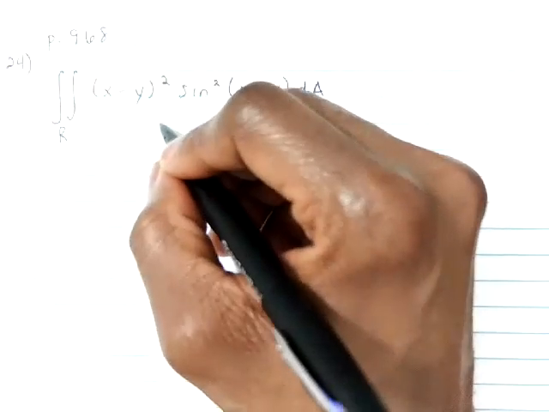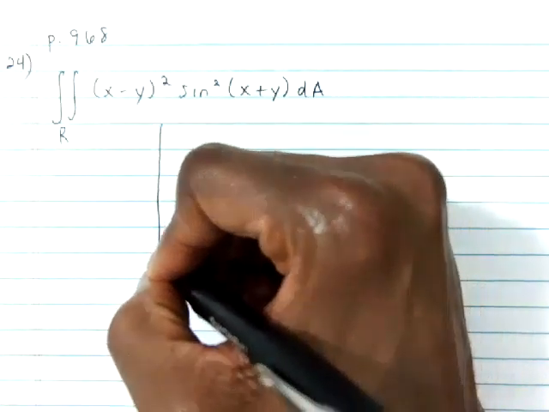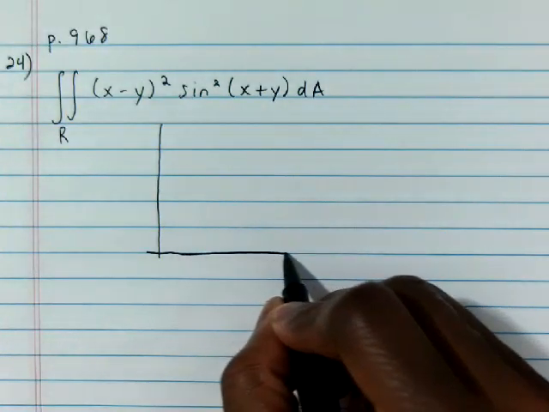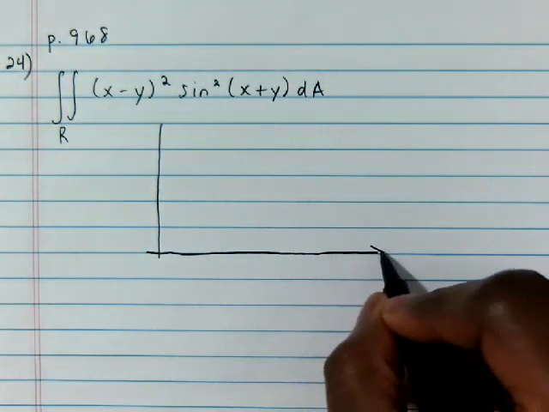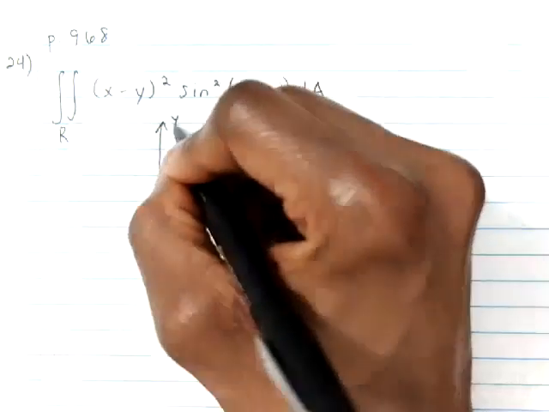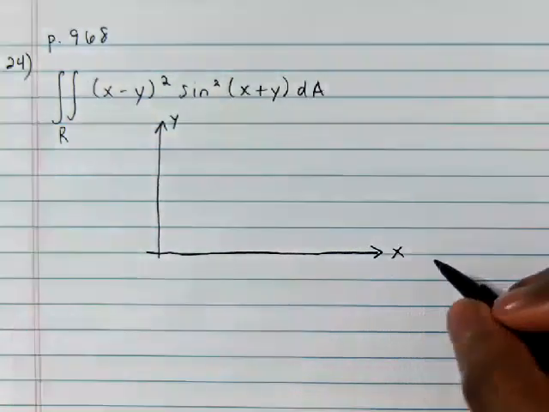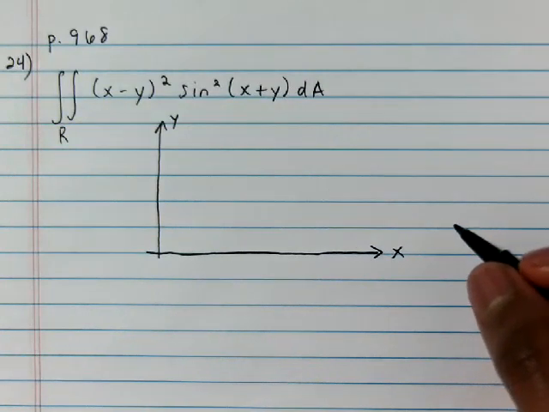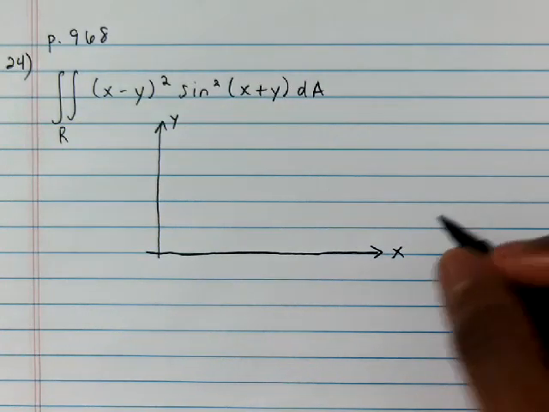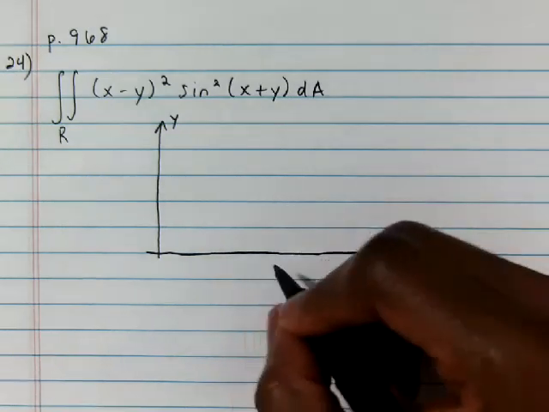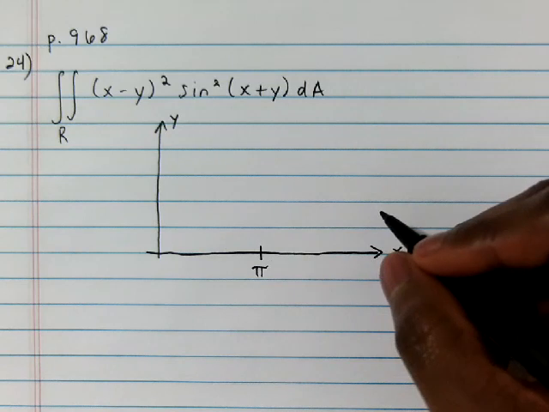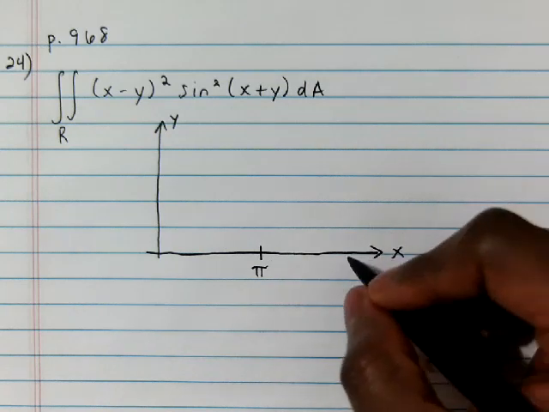They give us 4 points. They give us pi, 0. They give us 2 pi, pi.